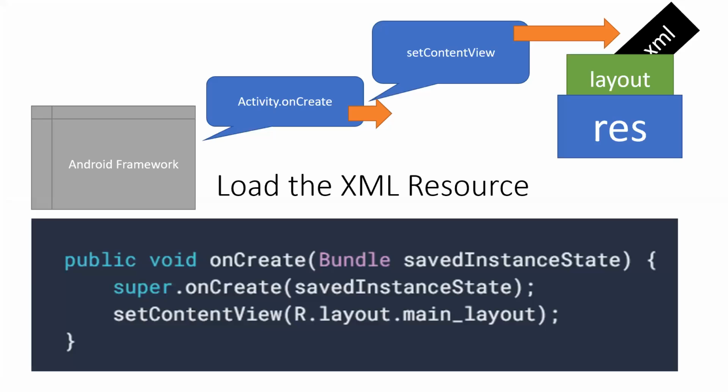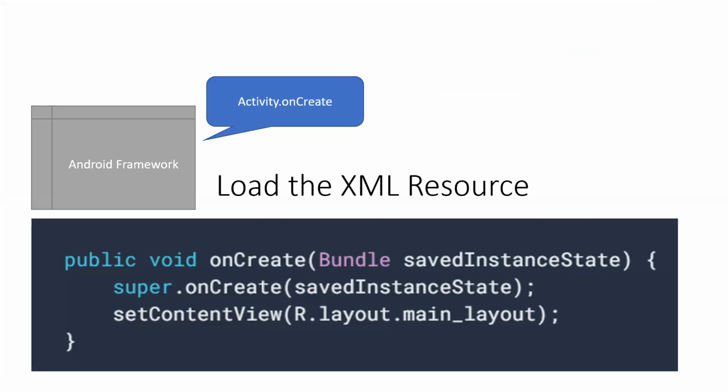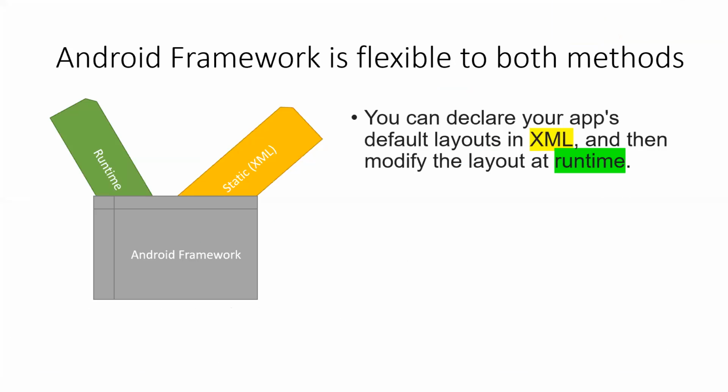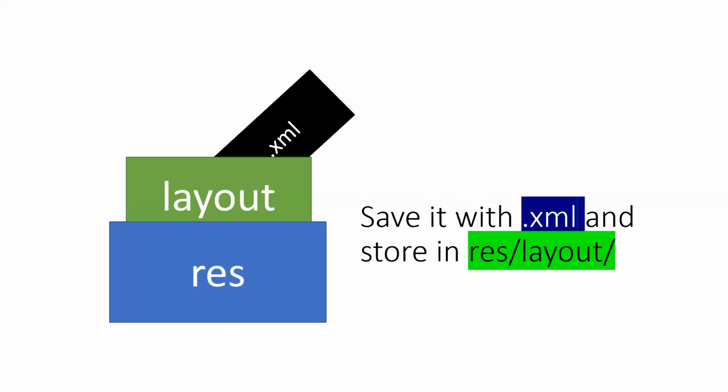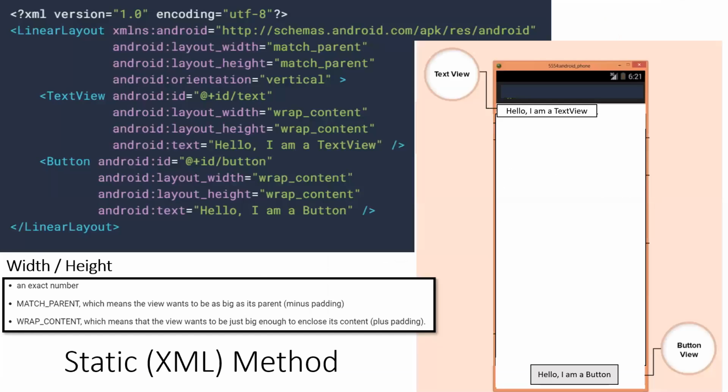The Android framework is going to call the onCreate method of an activity, which in turn is going to call setContentView, and setContentView is responsible for loading the XML resource. For example, what did you define over here? You defined a linear layout, a text view, and a button.